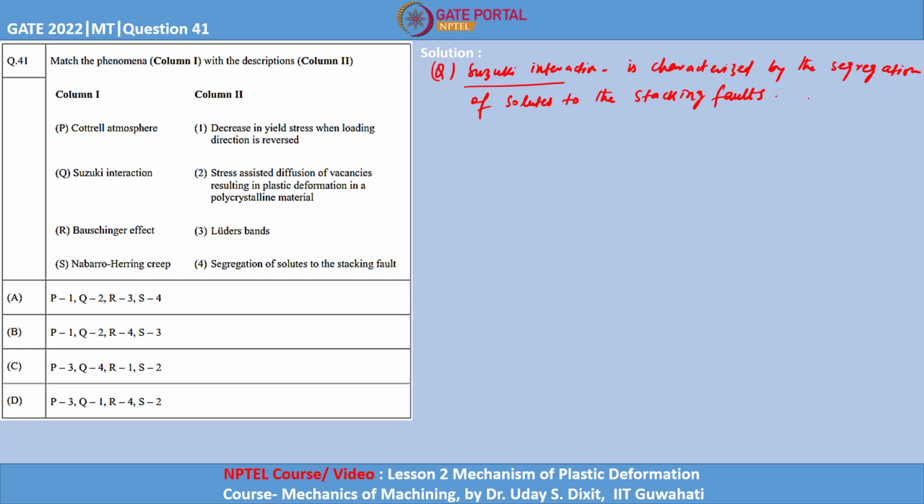So here what is happening is, our solute atoms are getting segregated in the stacking faults.